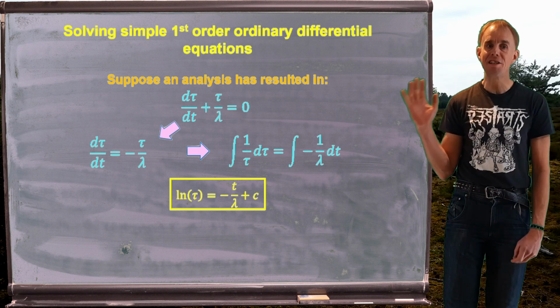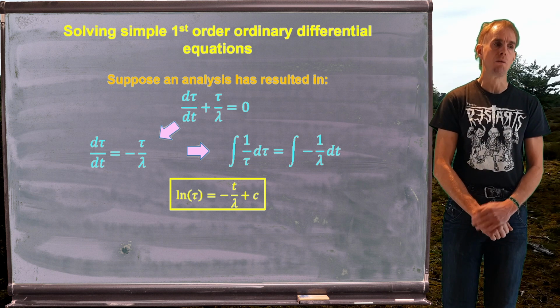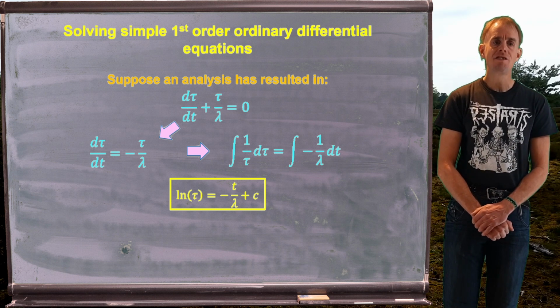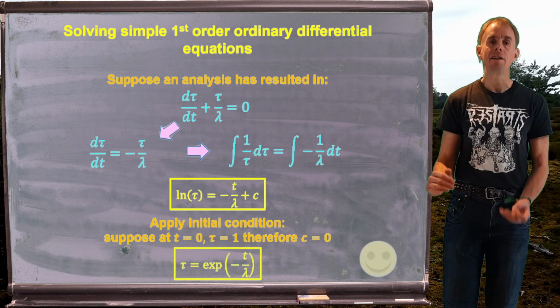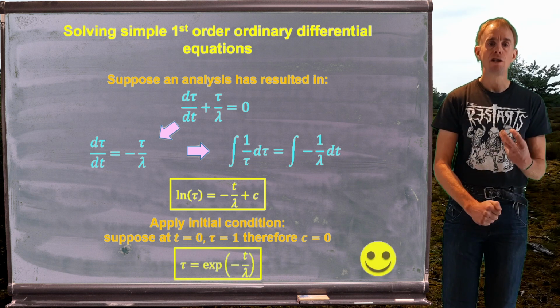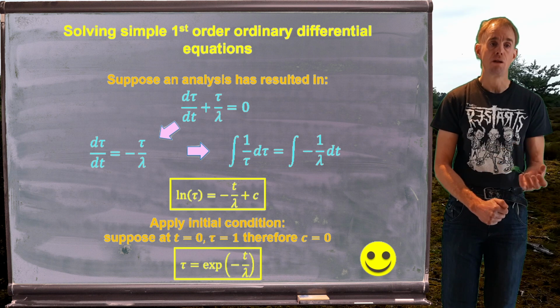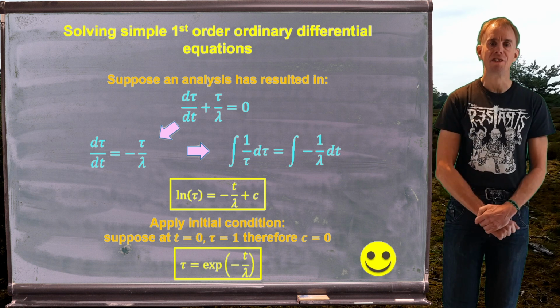So we need to eliminate or find that constant of integration, one or the other, depending on what the initial conditions are. And let's just say that we've got a cunningly chosen initial condition that, at 0 time, our stress, tau, is equal to 1. We know that the natural log of 1 is 0, time is 0, therefore our integration constant is 0.